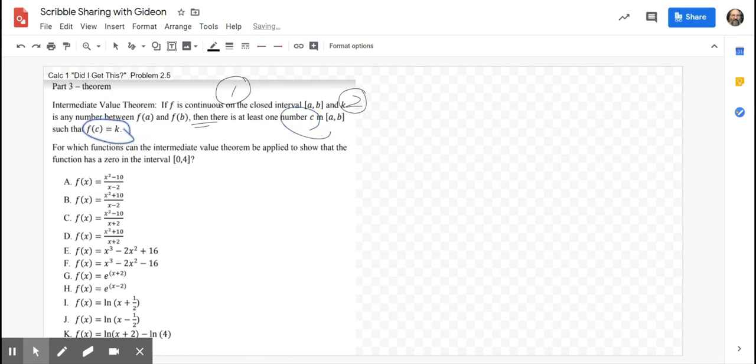In other words, to speak in technical language, there's a value that's the inverse of the function applied to k. We can find a value that goes to the k if the k is between f of a, the left endpoint, and f of b, the right endpoint.